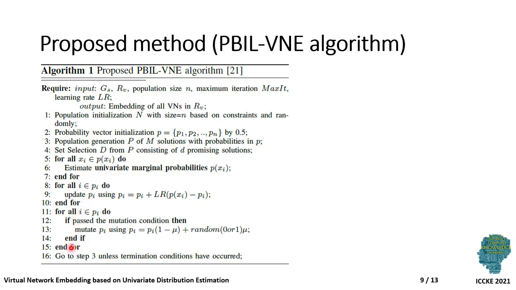And at the last step, we have one mutation process that is completely optional, and we can have this process, or we can completely remove it. That is no difference.